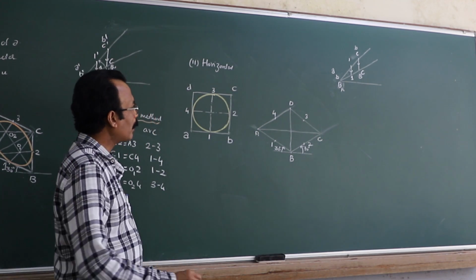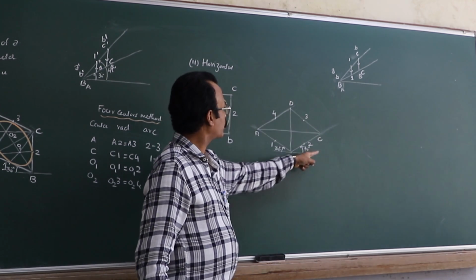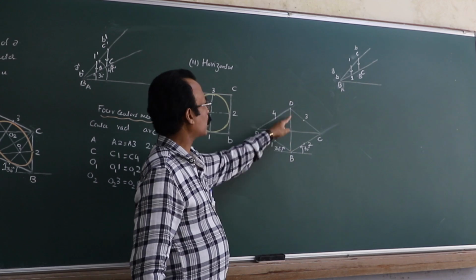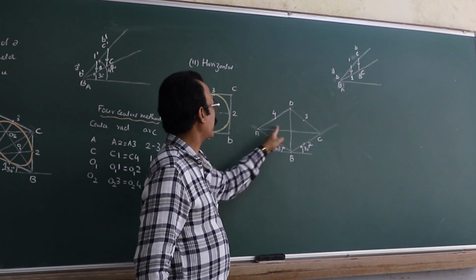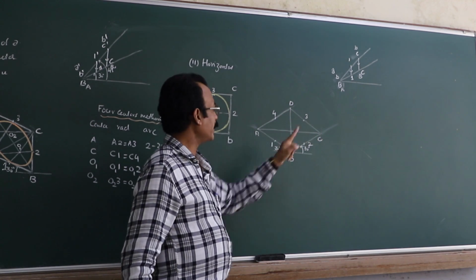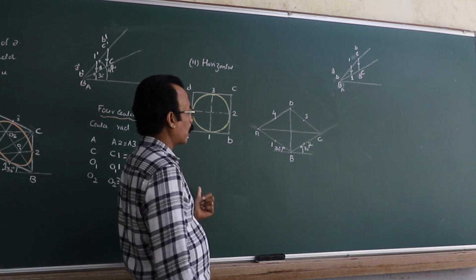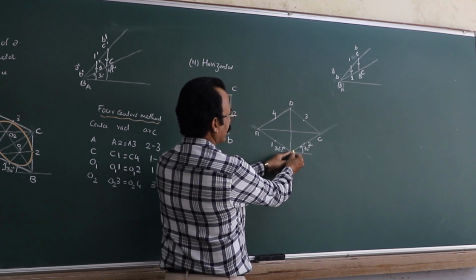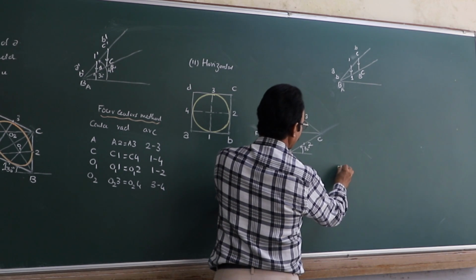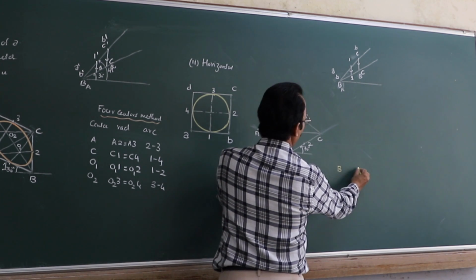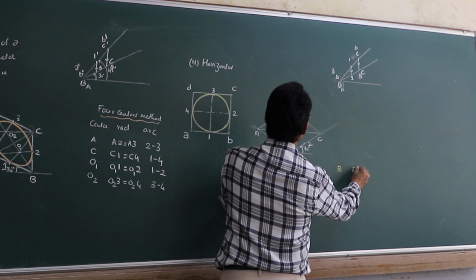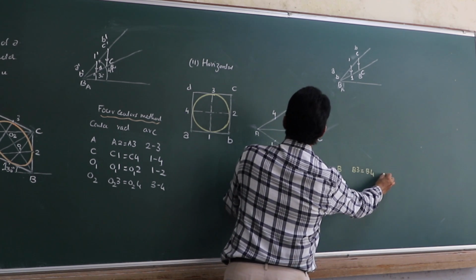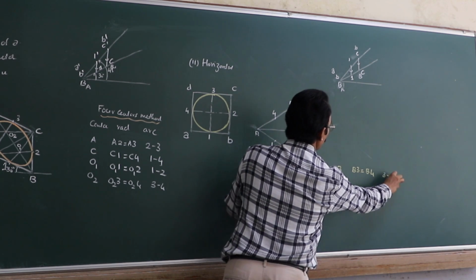Now, in this, observe which is the shorter diagonal. BD is the shorter diagonal when compared to the length of AC, right? So, the same procedure you follow. Take one end of the shorter diagonal as center, that is B is the center now, and opposite midpoints B3 equal to B4, draw the arc 3, 4, right?